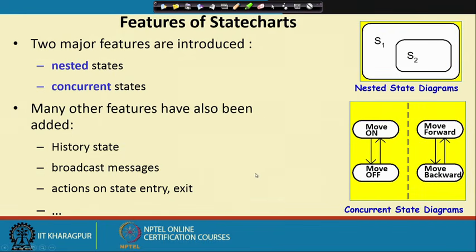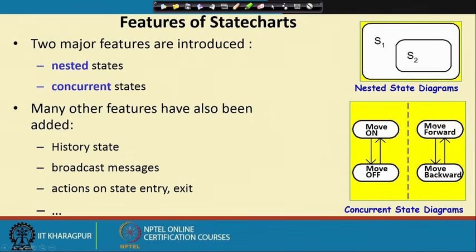Now, let us look at the features of the state chart. So, this is the concurrent state machine. For the robo, we have one thing that is movement on and off, and at the same time we can also set the movement to forward and backward. Similarly, we can set the state to left hand raised, left hand down, and so on.